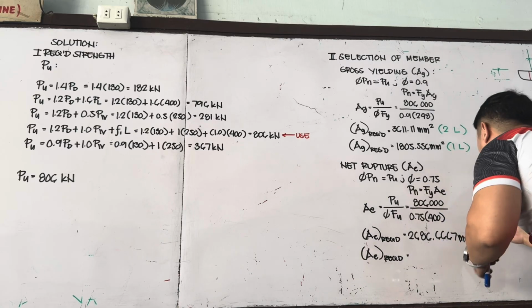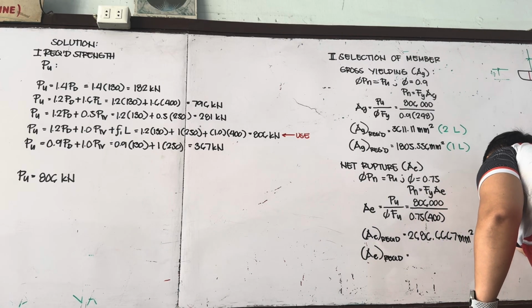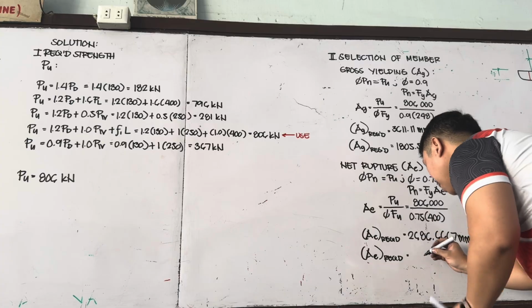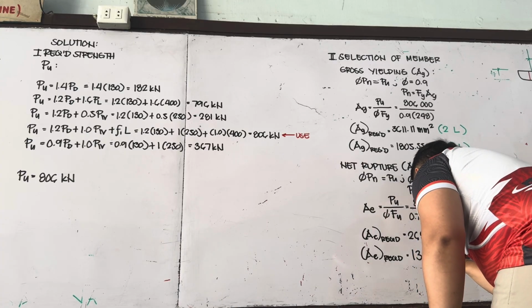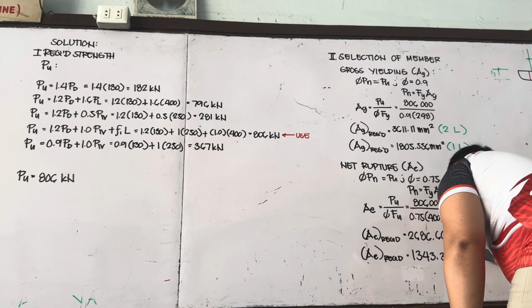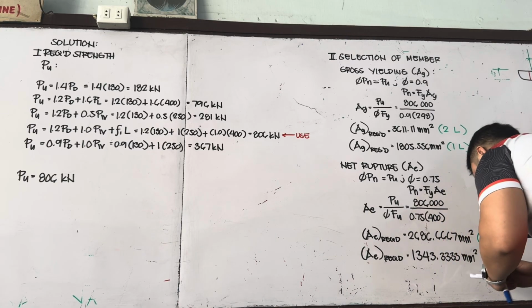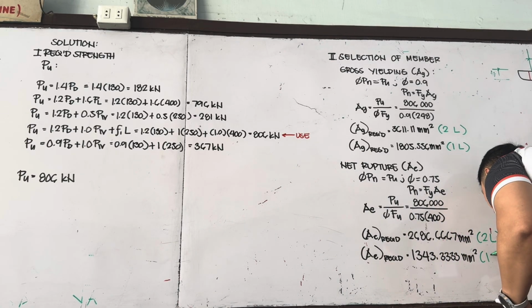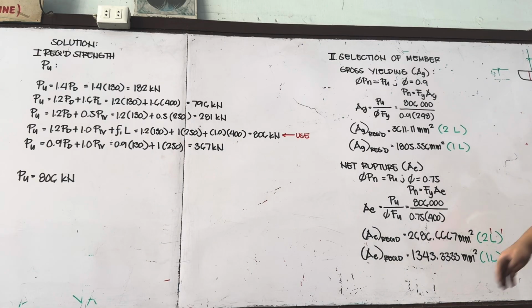So this is for double angle. Kung single angle pila? 1333.3333. This is for single. Okay?